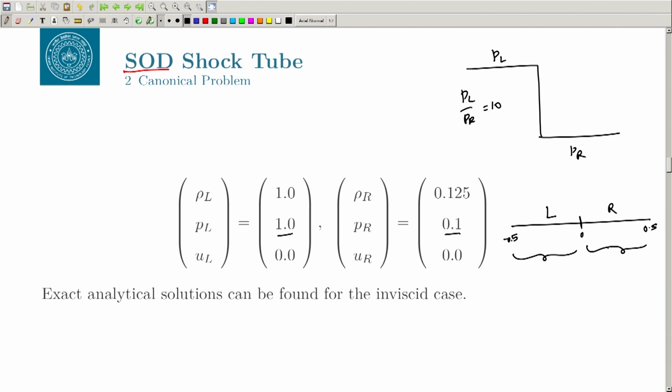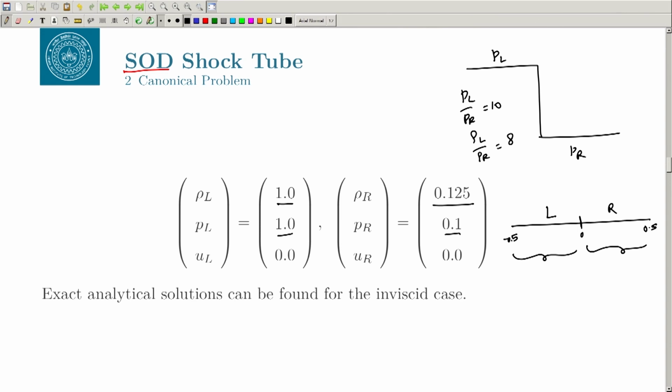Similarly, you have a density jump also, rho L by rho R is equal to 8. So, we can use non-dimensional numbers: rho L is 1, rho R is 0.125, PL is 1 and PR is 0.1. All that matters in this particular case is the ratio between these two numbers.